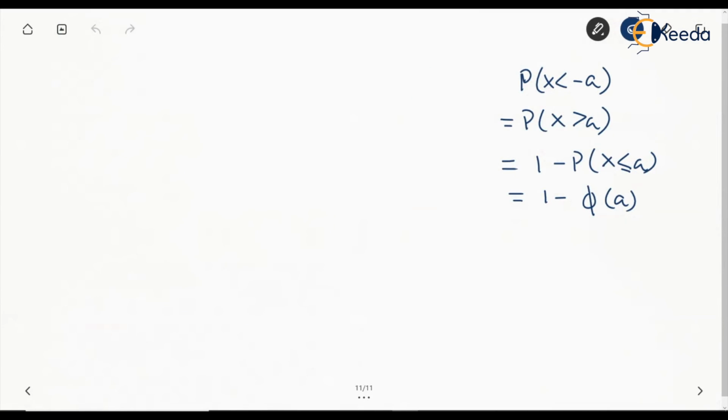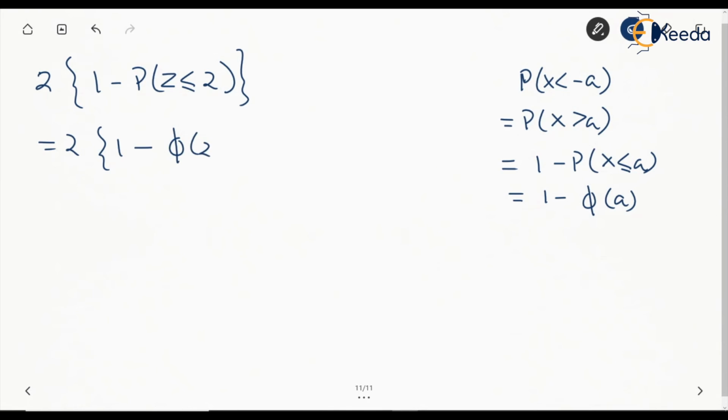So this becomes 2 times 1 minus probability that z is less than or equal to 2, which becomes directly 2 times 1 minus phi of 2.